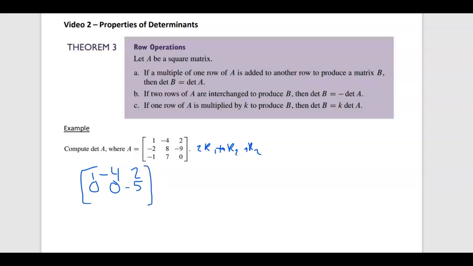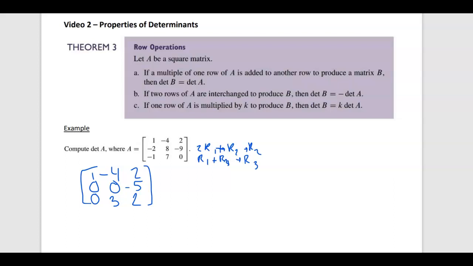And if I end up adding row 1 and row 3 and putting that into row 3, I get 0, 3, and 2.